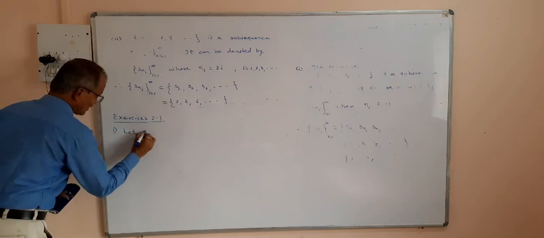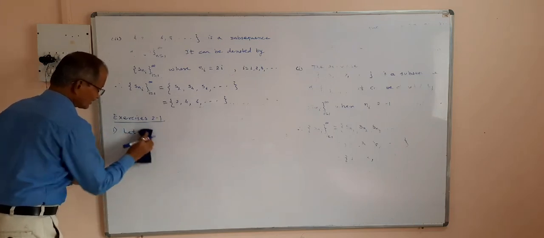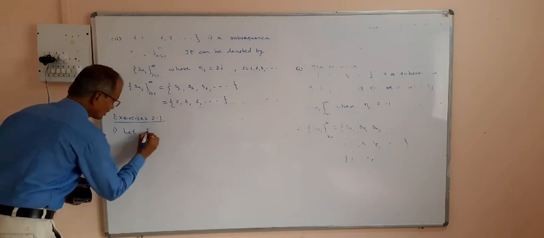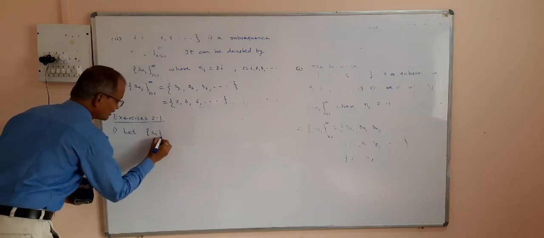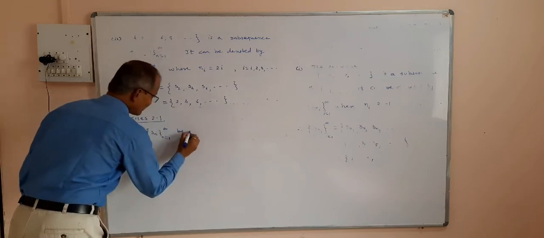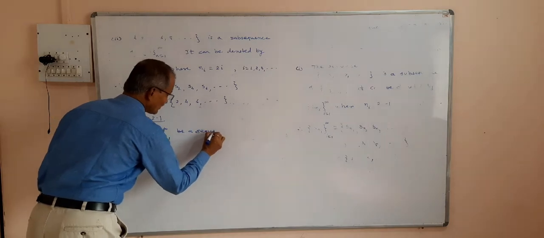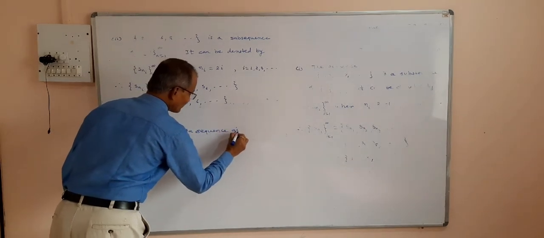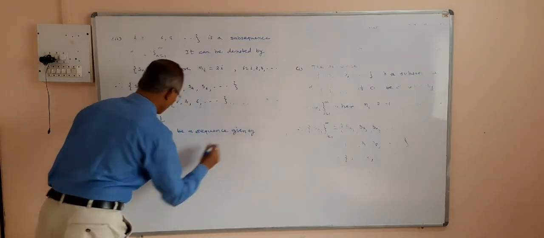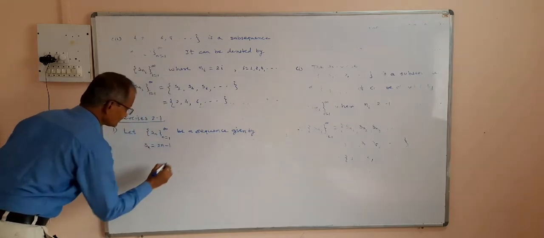Let S_n, n takes values 1 to infinity, be a sequence given by S_n equal to 2n minus 1.